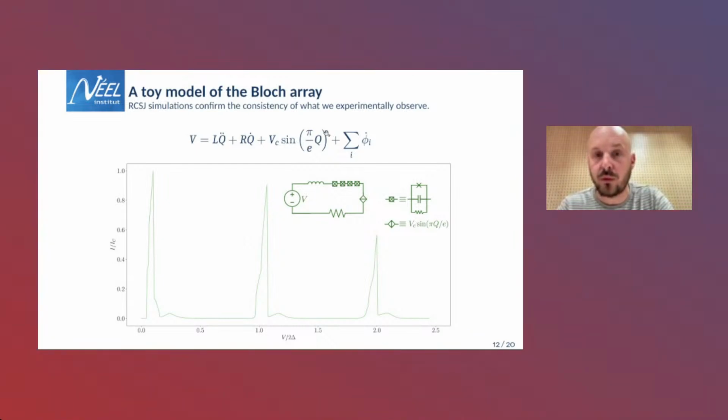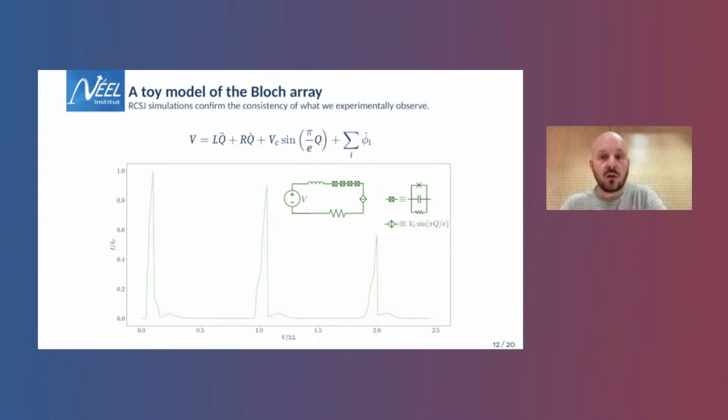What you're suggesting is that this is a first Bloch band approximation, and of course we should also take into account the other higher Bloch bands. I fully agree. And here, if I understood correctly, you are saying that describing this Bloch array as a simple inductance is also probably too simplistic. And I also fully agree.